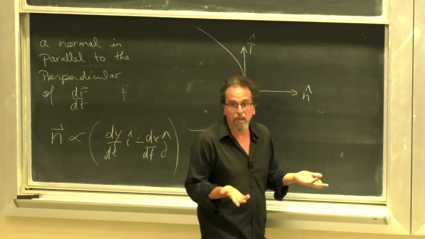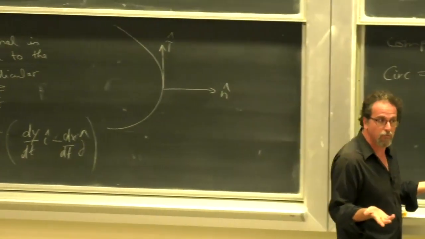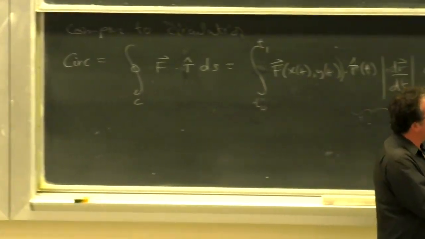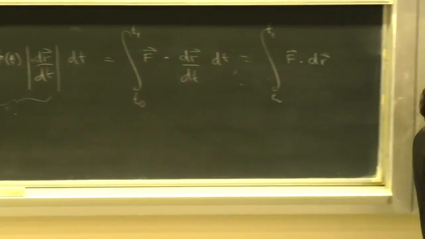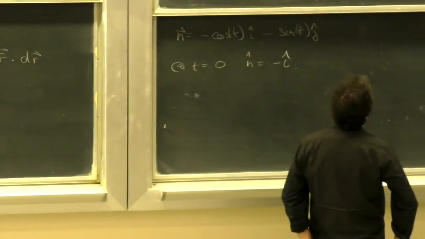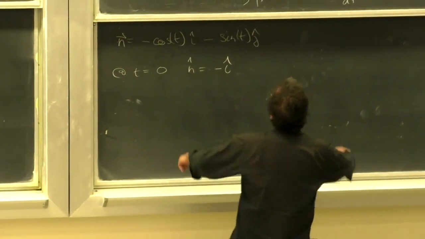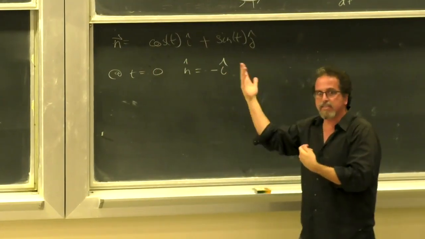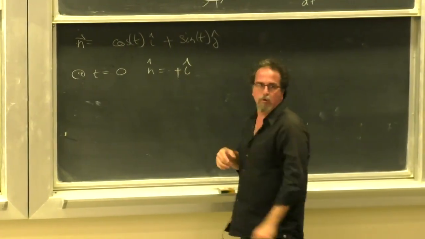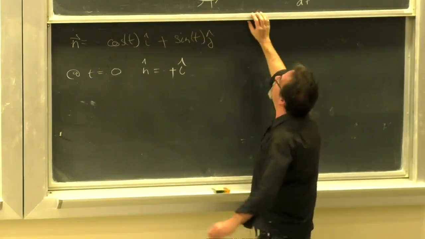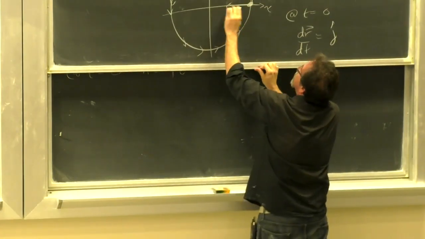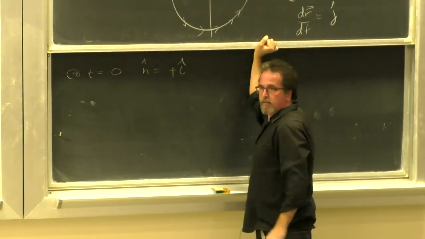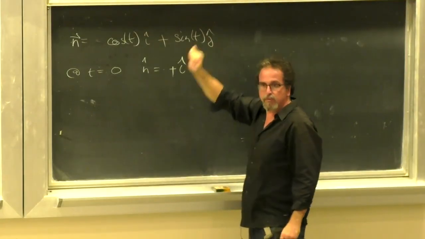It was either the inward or the outward; it had to be one of the two. Had I switched the negative sign, I would have kept the cosine over here and swapped this sign. And now this is clearly the outward normal. It's positive I hat at t equals 0. Now I've got the positive I hat. You guys cool with that?